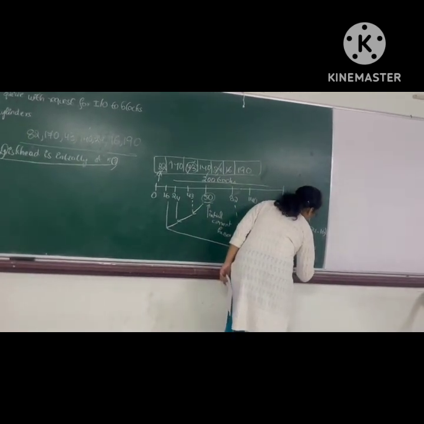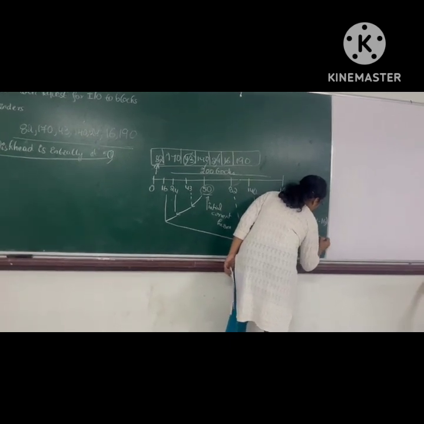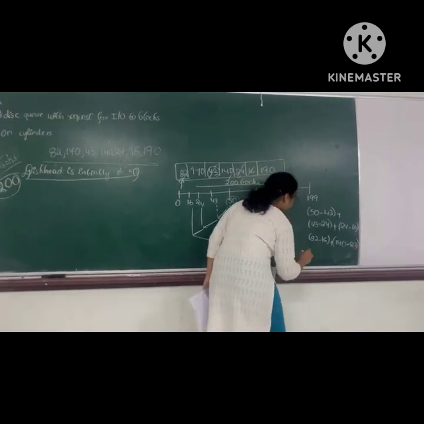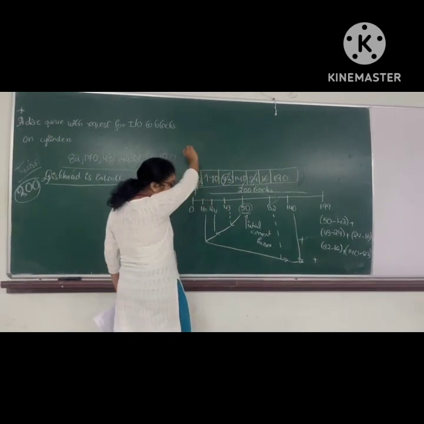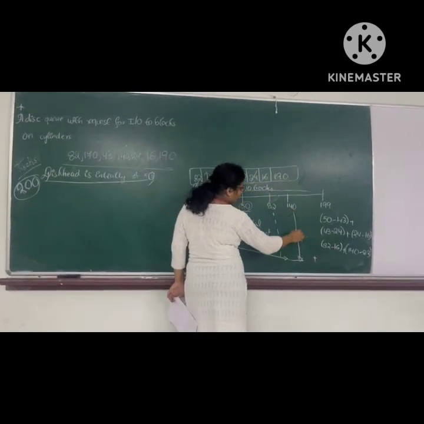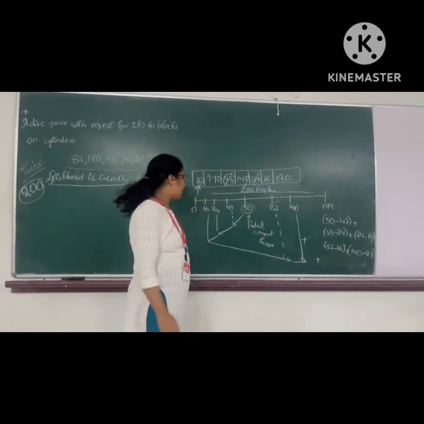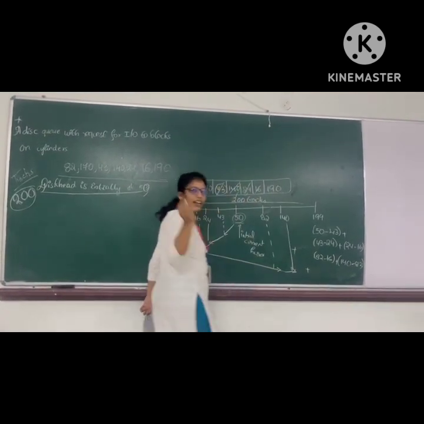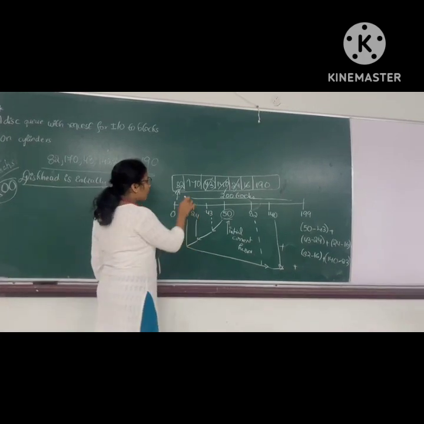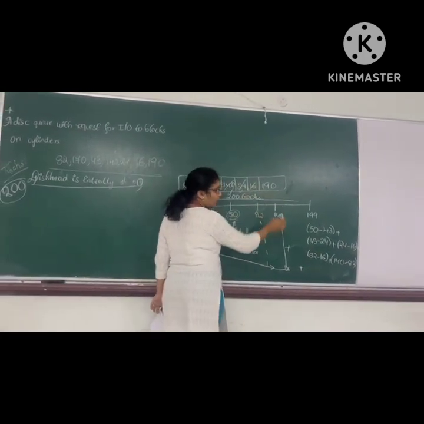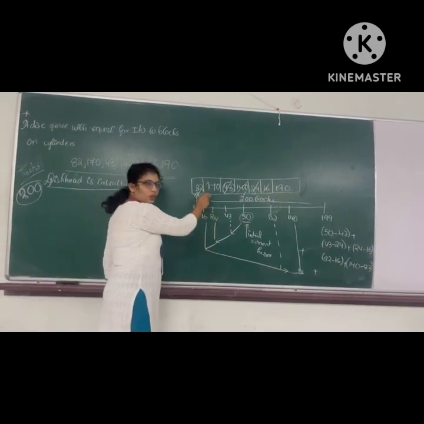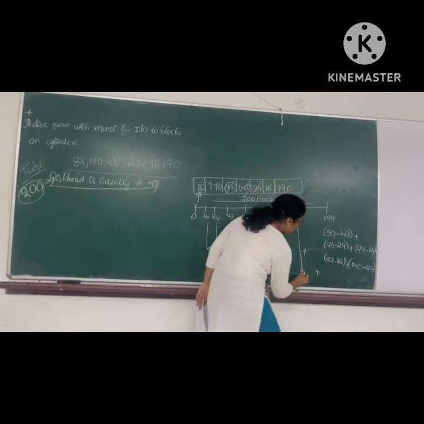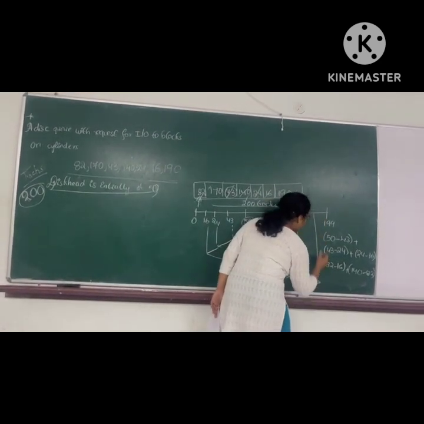Plus 140 minus 82 plus. The values in the queue are 170 and 190. The nearer value is 170. So it moves towards 170.